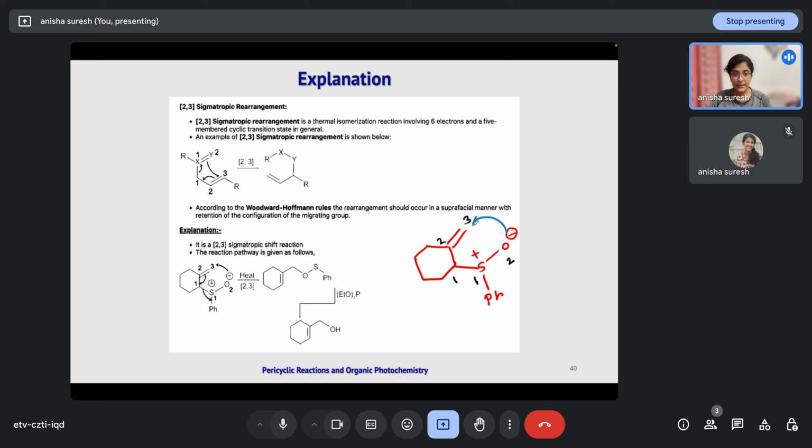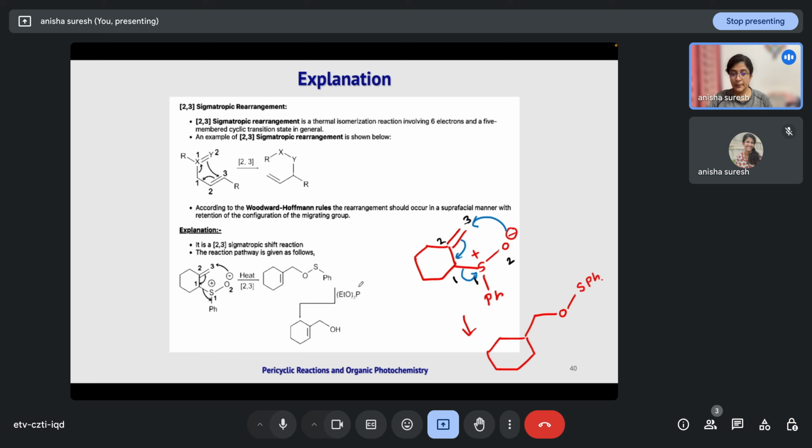This will be attacking this bond. Here it will shift, and this positive charge on sulfur will be neutralized, resulting in the formation of CH3CH2, O, S-Ph.